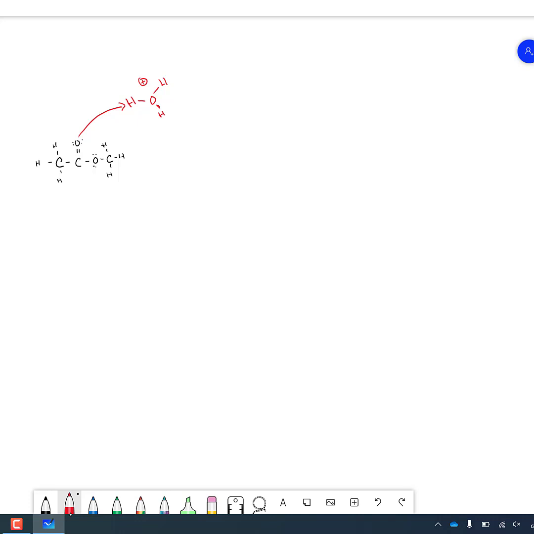The electrons that held this onto the acid are going to go back onto the leftovers of the acid, so in this case, this is just going to form water. And then we will have an intermediate that looks like this.